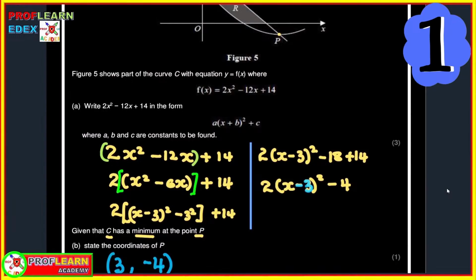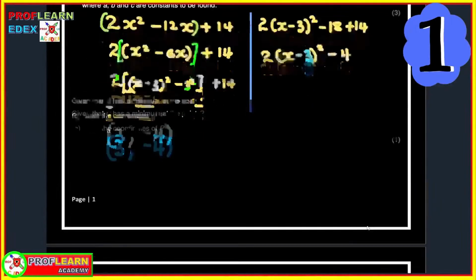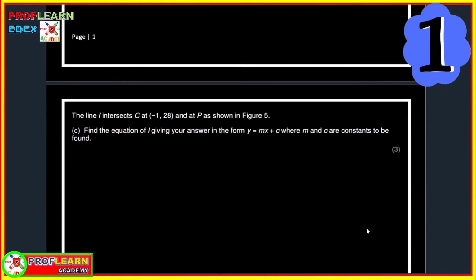Moving to the next part, the third section, that is part c. Here we are told that the line L intersects C at -1, 28 and at P, as shown in the figure. We are supposed to find the equation of L, giving your answer in the form y equals mx plus c.